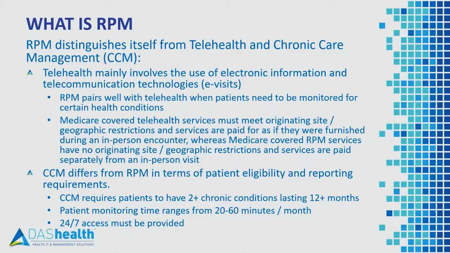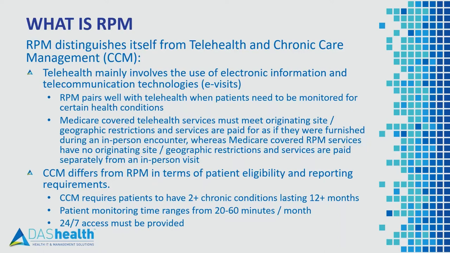Now, CCM, or again, chronic care management, it is a very similar service to RPM. They look a lot alike. However, there are some key differences. So CCM involves care coordination outside of regular visits, and it really differs from RPM in terms of two things: patient eligibility and reporting requirements.